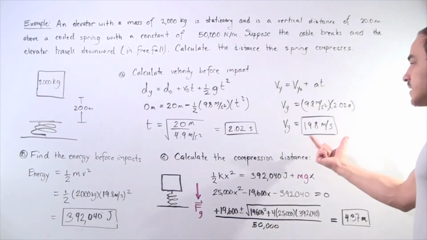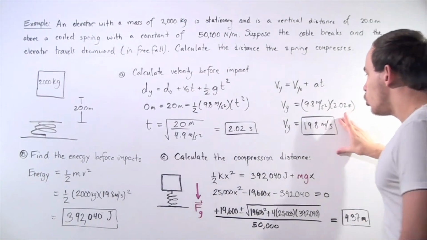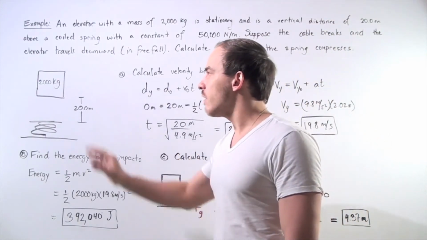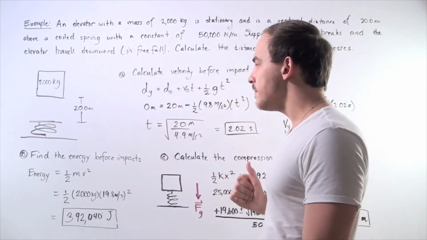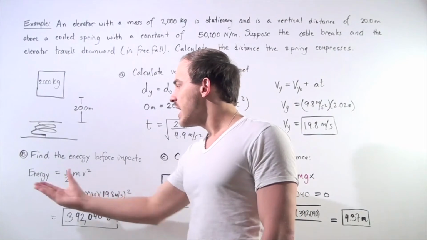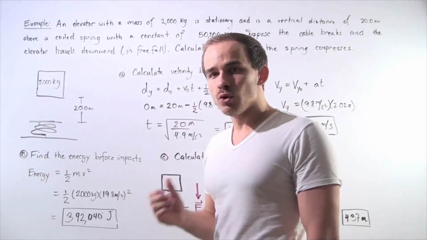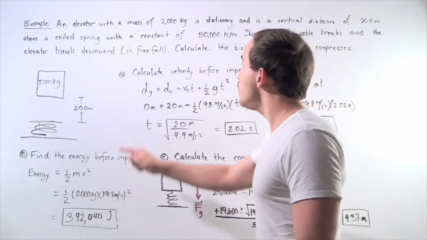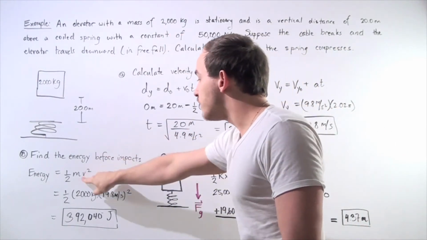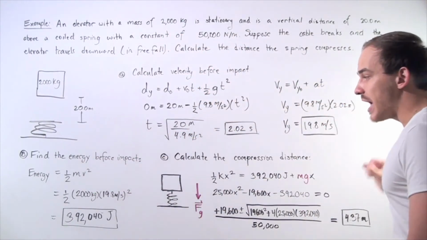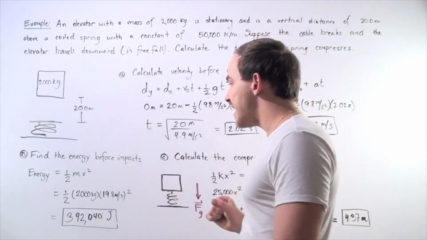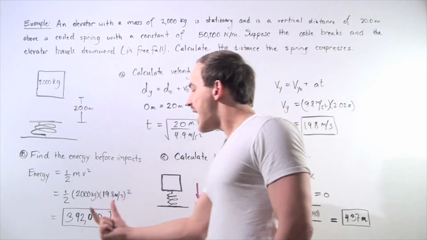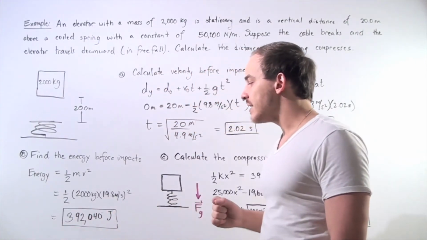So this is the magnitude of velocity, and now we can use the magnitude of velocity to solve for the kinetic energy of the elevator right before it makes impact. So we use our formula. The kinetic energy is equal to 1/2 mass times v squared. We know what the mass is. We know what the velocity is, we just found that, so we plug our values in and we find that our elevator right before impact has the following kinetic energy.